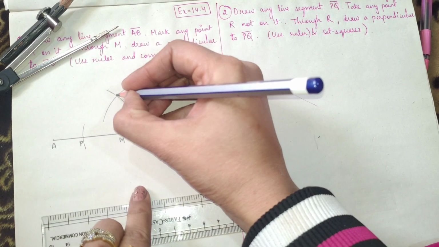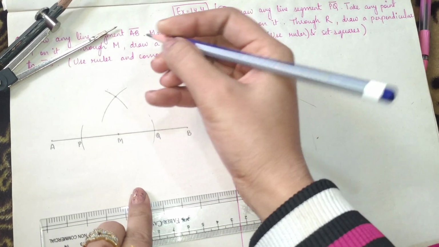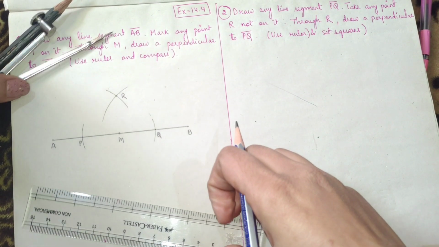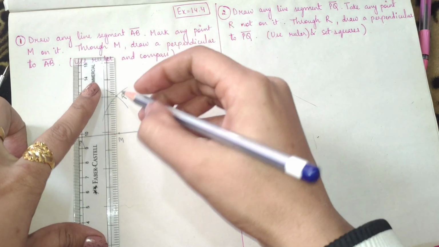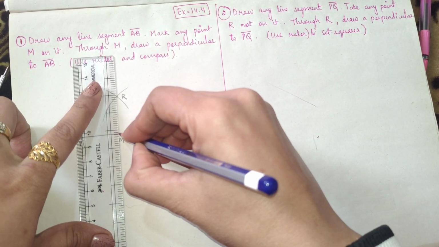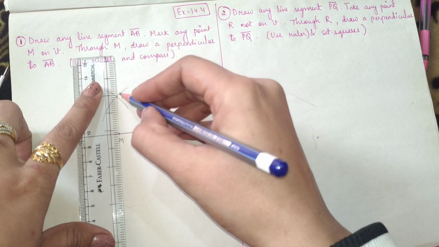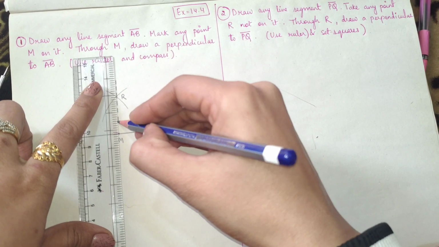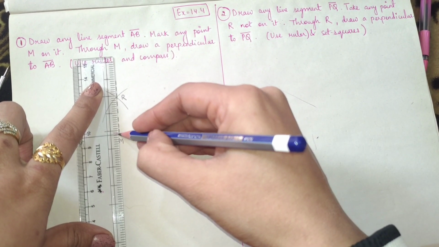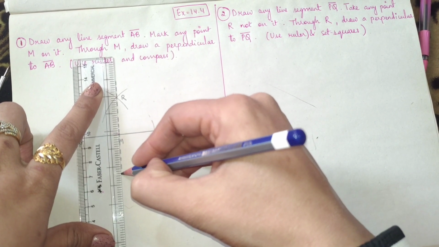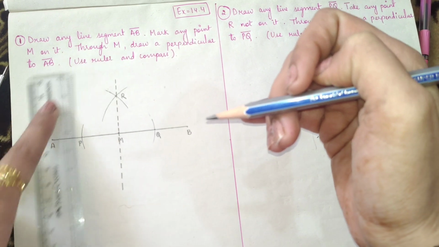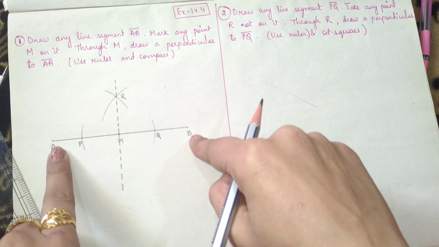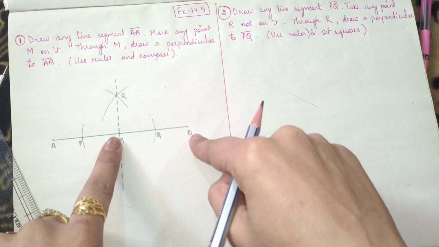This point of intersection, you can name it with a different letter, suppose R. For a straight line to be drawn, we need 2 points, so we'll draw a straight line passing through M and R. You can use dotted lines or a straight line, and you can also take it below the line segment AB. So you have drawn a perpendicular line to line segment AB which has passed through M.